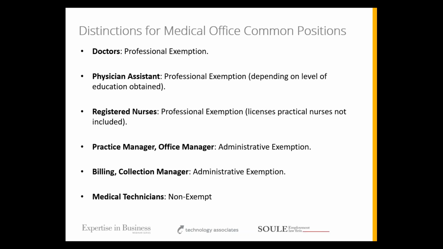On the exempt, non-exempt side, there is a potential for a Department of Labor audit at the state level or the federal level. And I am seeing an increase in random audits, although I would not say that anyone should be worried about a random audit.